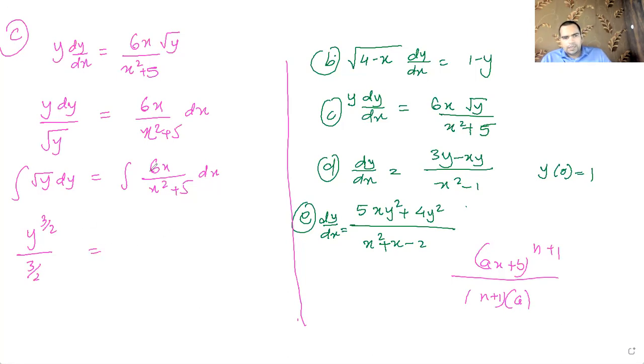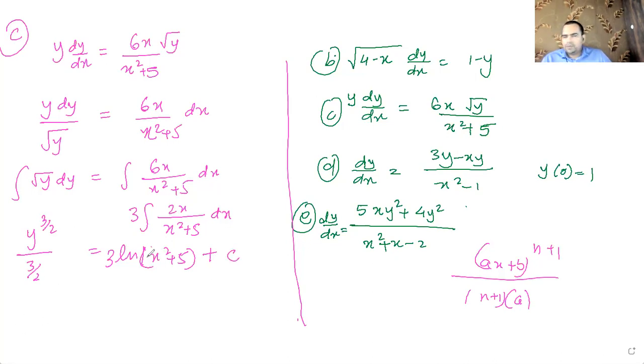On the right side, you can see this is f dash x, but you can take 3 outside. So 3 times 2x over x squared plus 5, which is like the f dash x over f x format. f x is in the denominator and f dash x in the numerator, so it'll be 3 ln of x squared plus 5, and plus c, we can say.